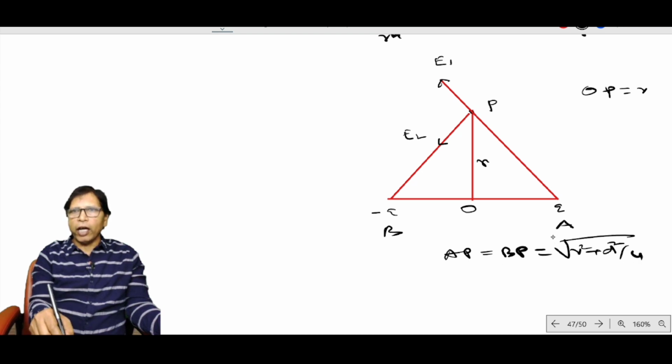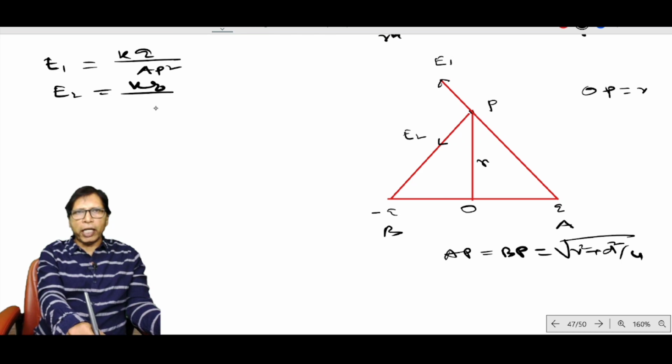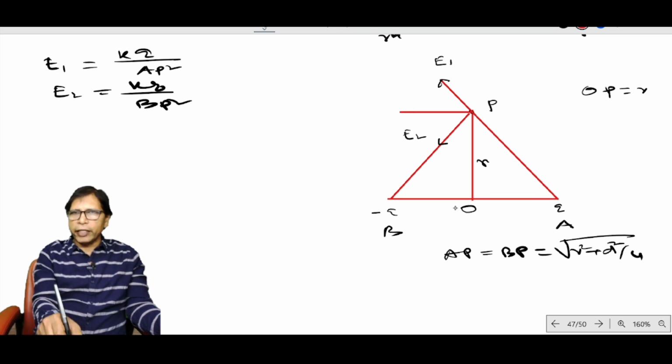Now the electric field at P due to Q charge, this E1, equals KQ divided by AP square, and directed away from the positive charge. Now E2 equals KQ divided by BP square and directed towards the negative charge. Now a line is drawn parallel to the dipole moment vector, and another line is drawn opposite to the direction of the dipole moment vector.